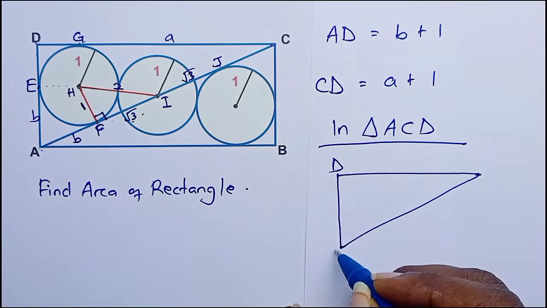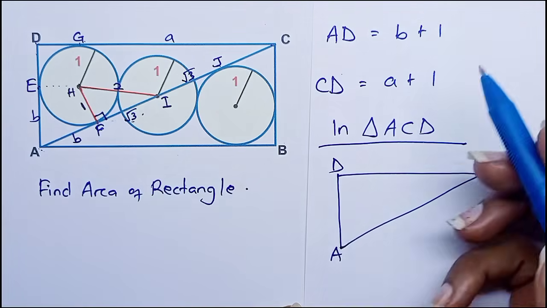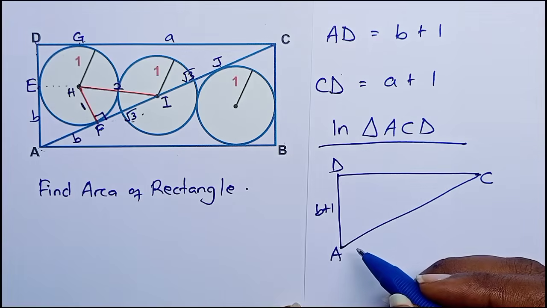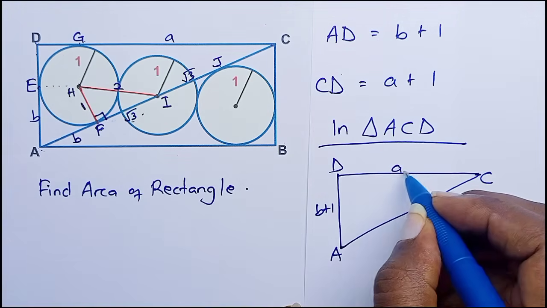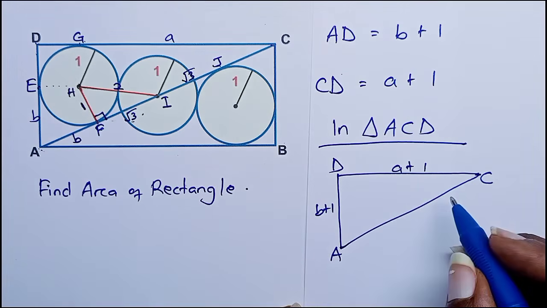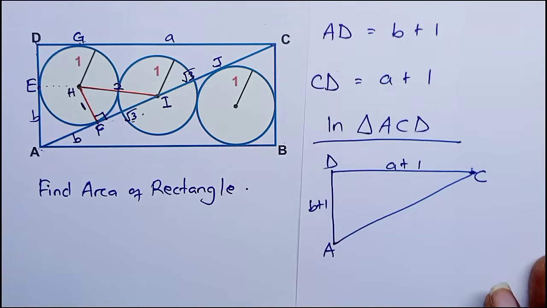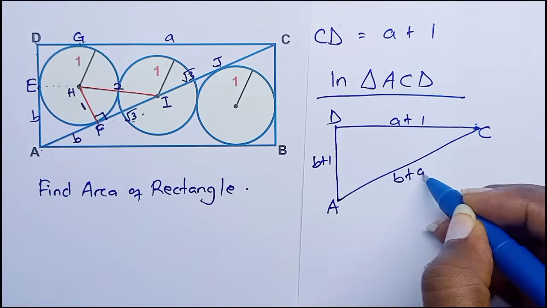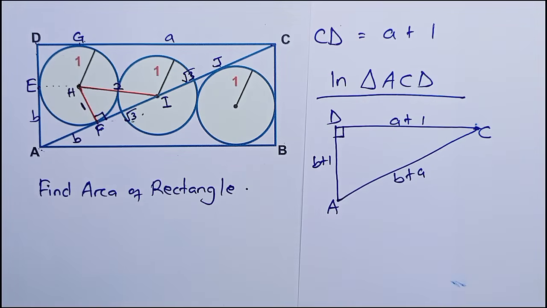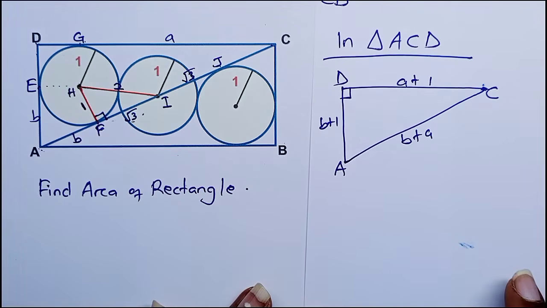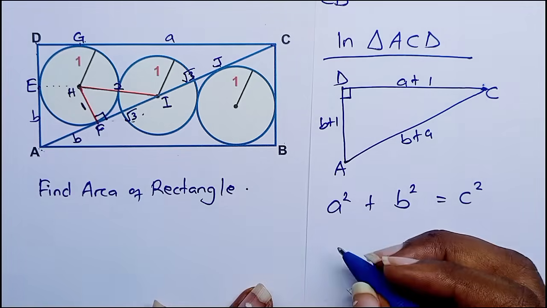So this is D, this is A, and this is C. This side, AD, we said is B plus 1, this side DC is A plus 1, and this hypotenuse AC, we got as B plus A. So since it's a right triangle, using Pythagoras theorem, we shall have A squared plus B squared equal to C squared.